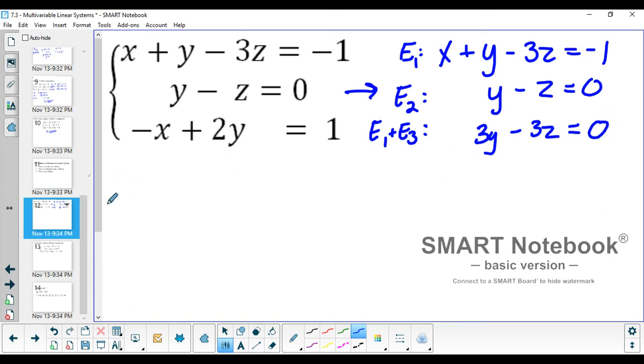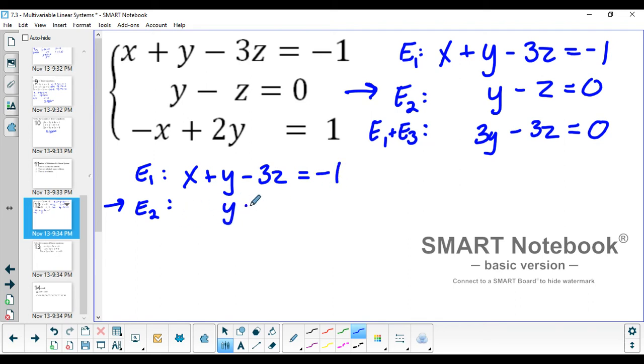Okay, again, my first 2 equations are perfectly fine. So I have x plus y minus 3z is equal to -1. And we have y minus z is equal to 0. Now I want this to be a 0.